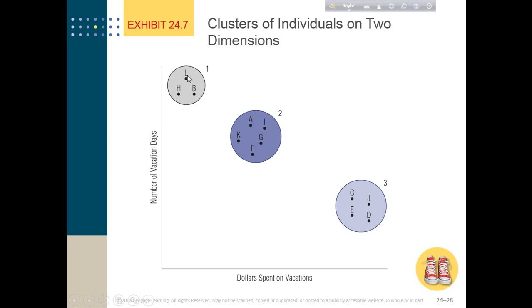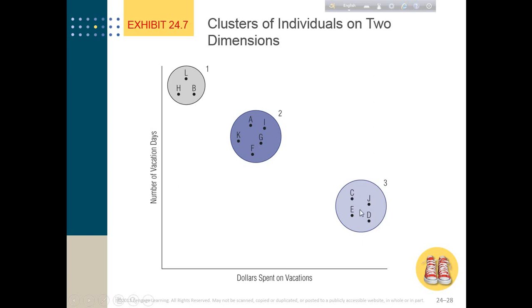In group one, we have three observations, L, H, and B, or you can say three respondents. They are in a group that spends a low amount of dollars, however they spend a large number of days on vacation. In group two, we have five respondents, K, F, G, I, and A. This group spends a moderate amount of dollars and number of days.